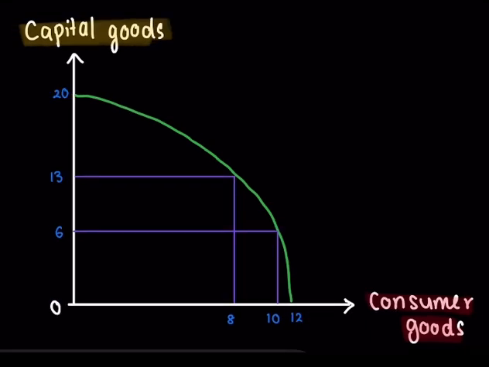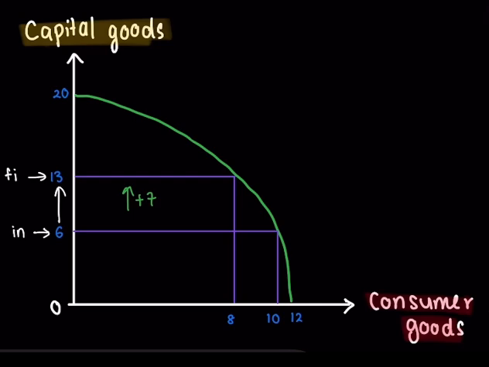So let's say a firm initially produced 6 capital goods, but they want to produce 13 capital goods instead of 6. So their initial value of capital goods is 6 and the final value is 13. When they increase this production of capital goods, there is an increase of 7. Like normal mathematics, if we do that, we can understand.